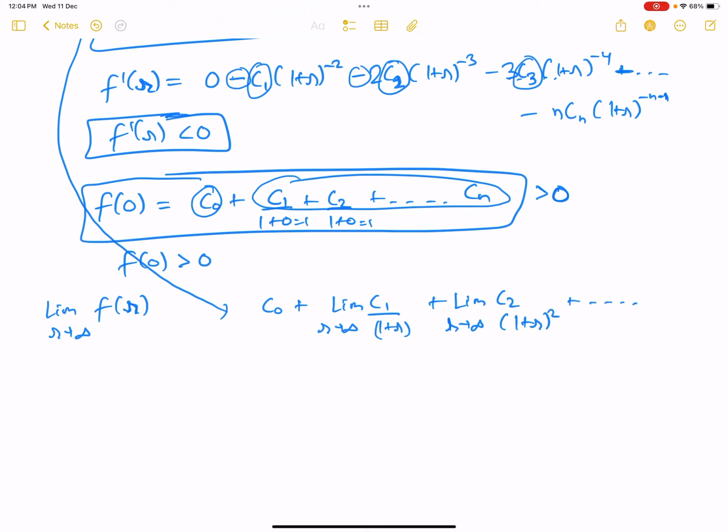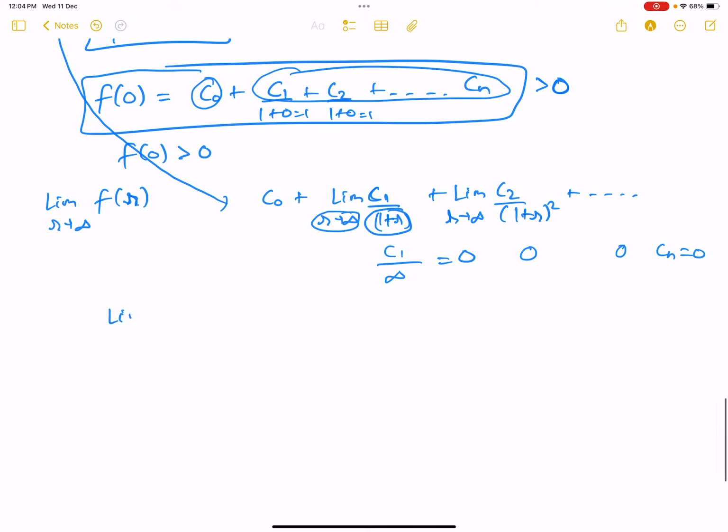But now as r approaches infinity, this term would approach infinity, so c1 divided by something very high would be close to 0. Similarly for c2 it would be 0, 0, 0 till cn it would be 0. So the limit of f of r as r approaches infinity is c0.